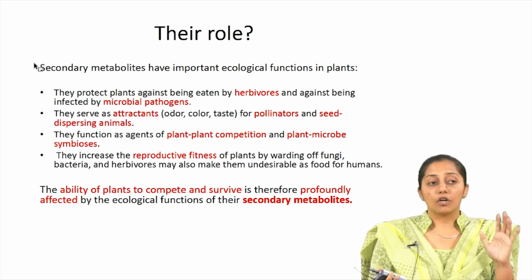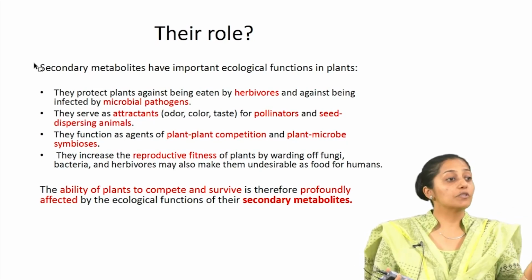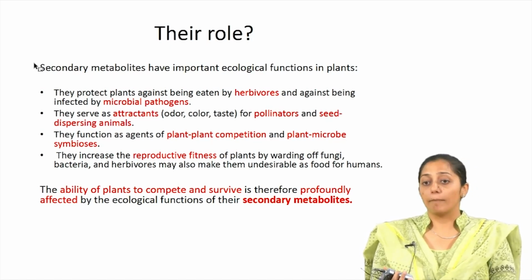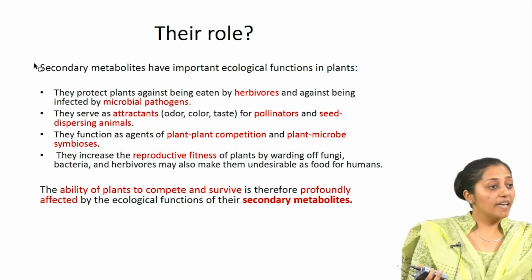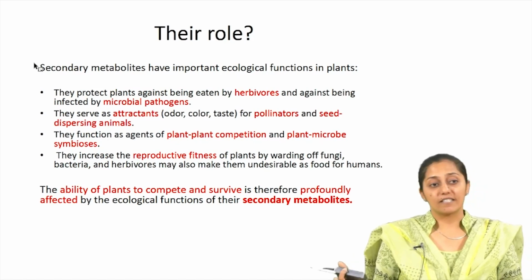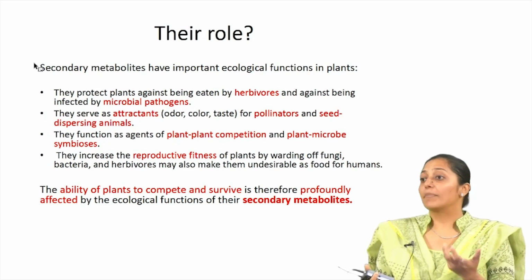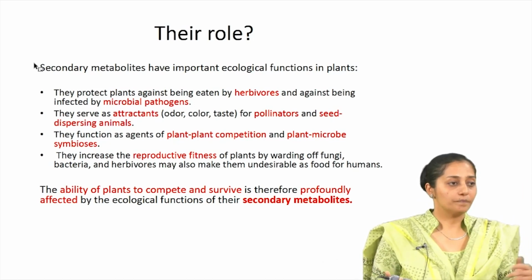Then sometimes in order to prevent being eaten up, you will find some of the fruits are very bitter, so that humans do not eat. Now they function as agents of plant-plant competition. Sometimes plants produce exudates in the soil which are toxic to the nearby weeds or plants. This is a kind of overcoming the competition for the sunlight and for the resources in the soil.